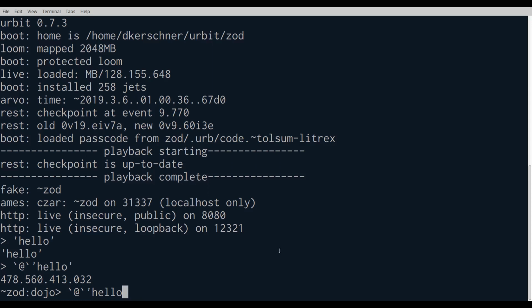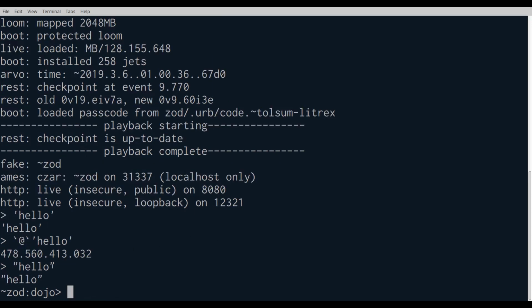We, fortunately, though, have a second data type for dealing with strings, and that is the tape. You see that I've used double quotes here instead of single quotes. So that's what makes this one a tape as opposed to this one being a chord. Now, a tape is actually a list of chords where the individual chords are just one character.